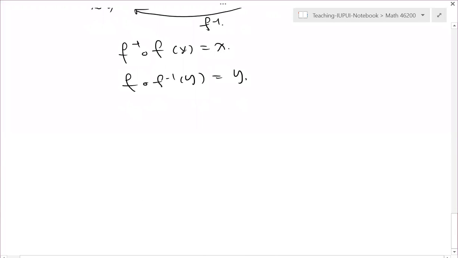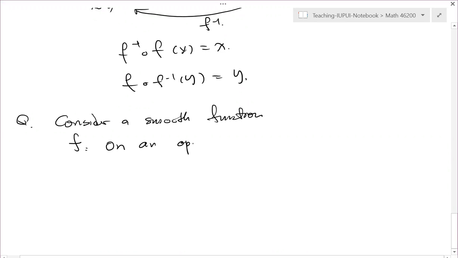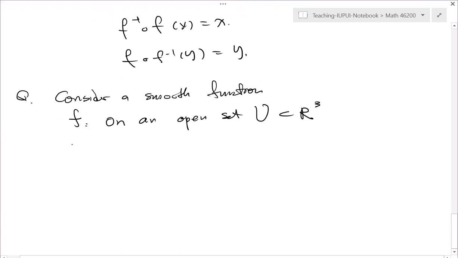Now we are going to apply this theorem to some problems. Consider a smooth function. When we say a smooth function, it means it is differentiable and the derivative is also continuous. Consider a smooth function on an open set in, let's say, R3.